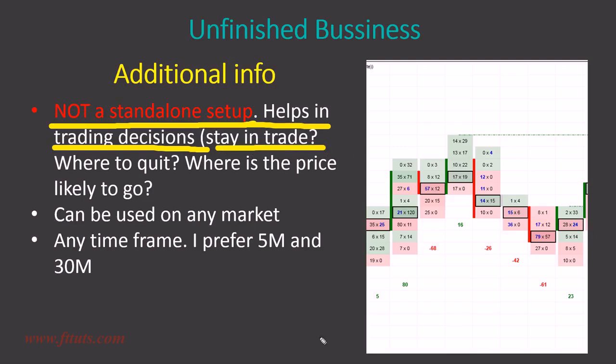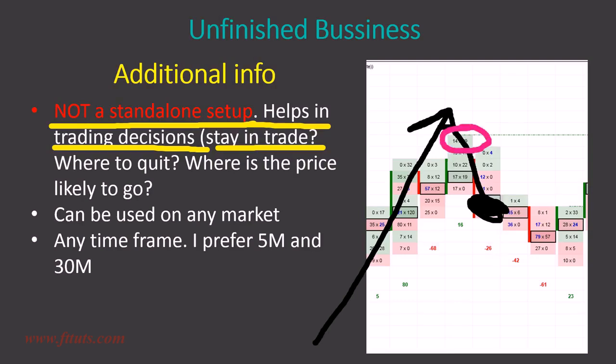So imagine you are in a long, there's a pullback, and you're not sure whether to quit your long in here, but there's a failed auction in here, so you know that it should work as a magnet, so the price will most likely go upwards again, test this magnet, test this unfinished business, create a successful auction, and possibly continue upwards.